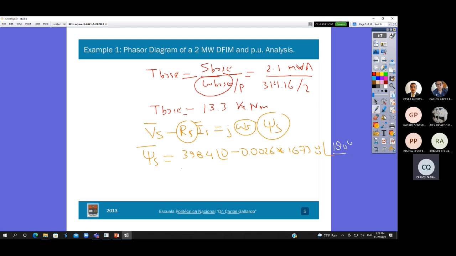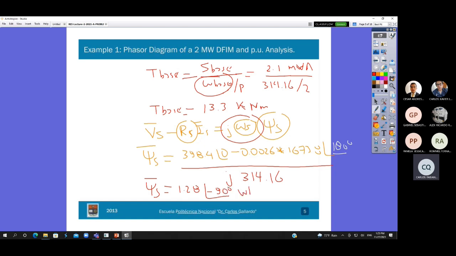Divided by j times the speed, which is 2 times pi times the frequency of operation, in this case 314.16. So the stator flux is equal to 1.28 with negative 90 degrees. This is the actual value.